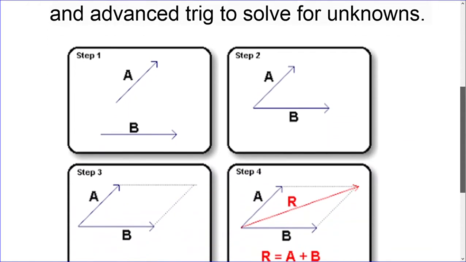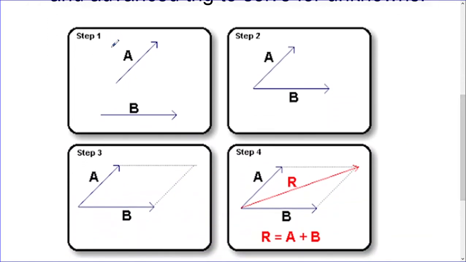So step 1, we have our vectors. Step 2, we put our vectors together and combine their starting points. Step 3, we make it into a parallelogram, where if this was B down here, then this is B over here, and if this was A, then this is my line A just mirrored off the other side.